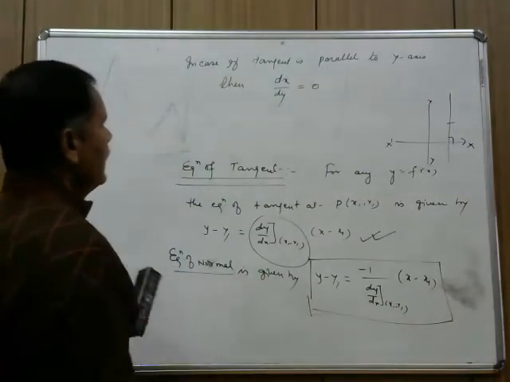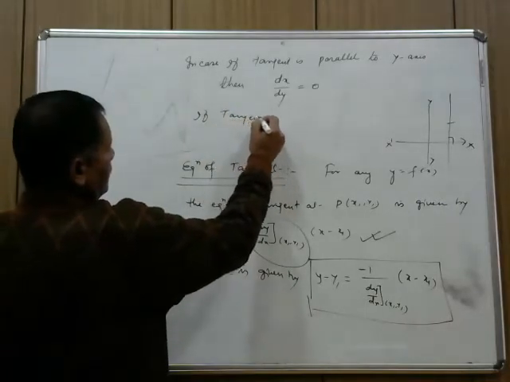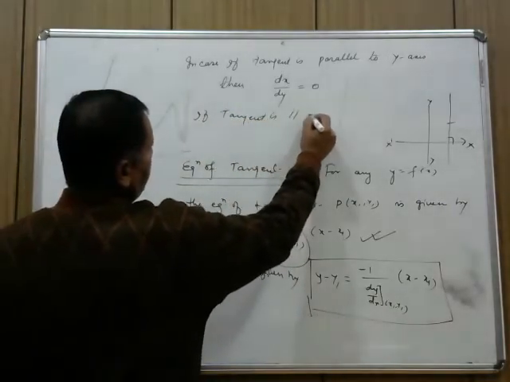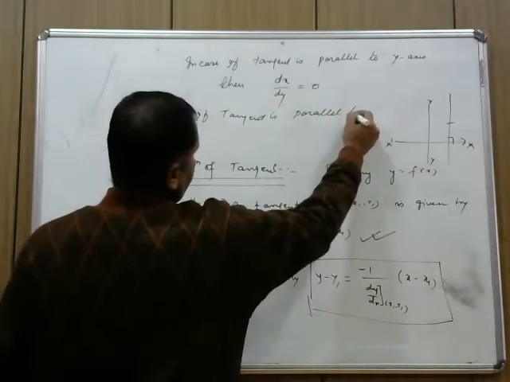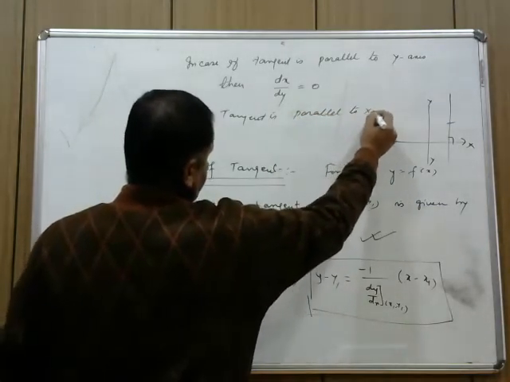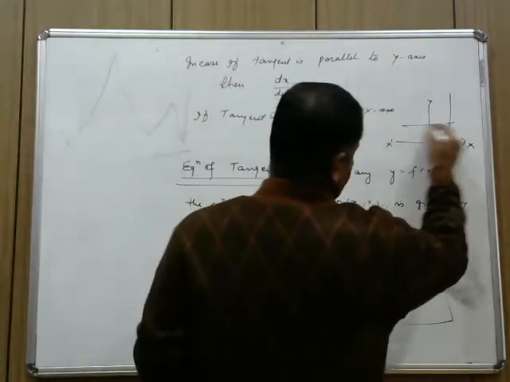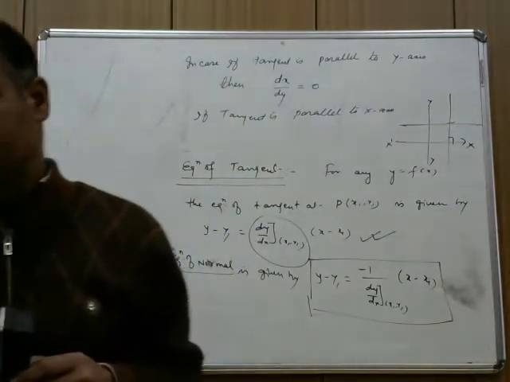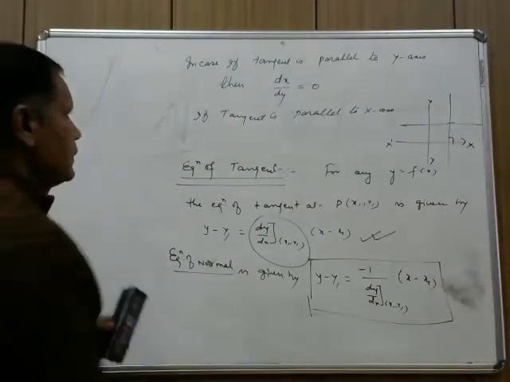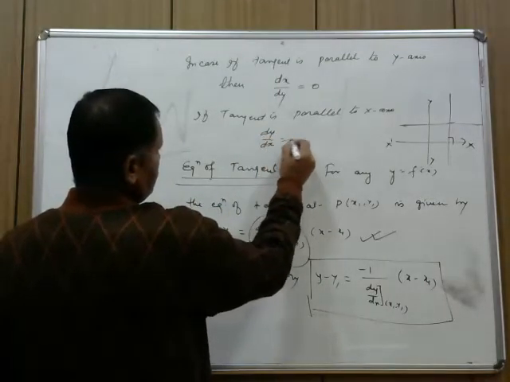Right? And if the tangent is parallel to the x-axis, tangent parallel to the x-axis, this line, tan theta will be 0. In that case, dy by dx is equal to 0.